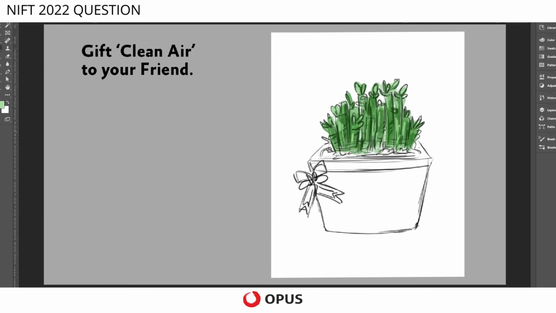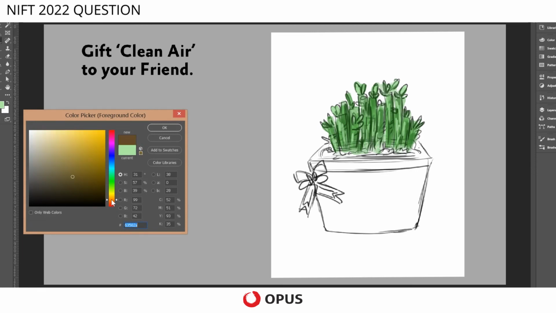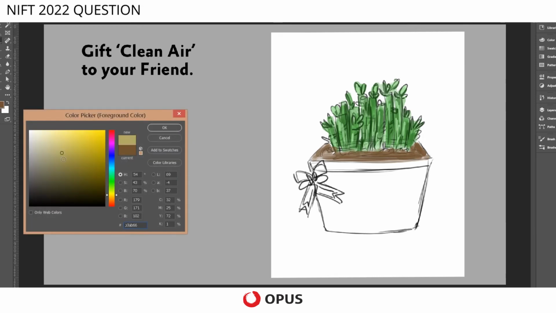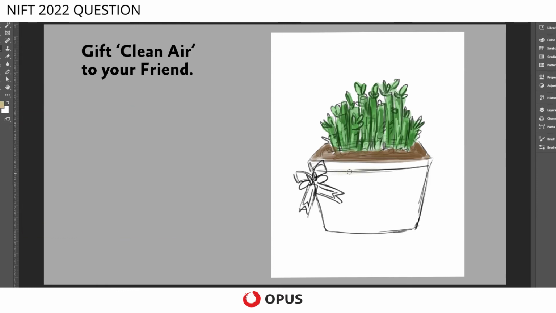After this, we can add color to the soil. And we can keep the top slightly whitish, so that the plant remains in focus.